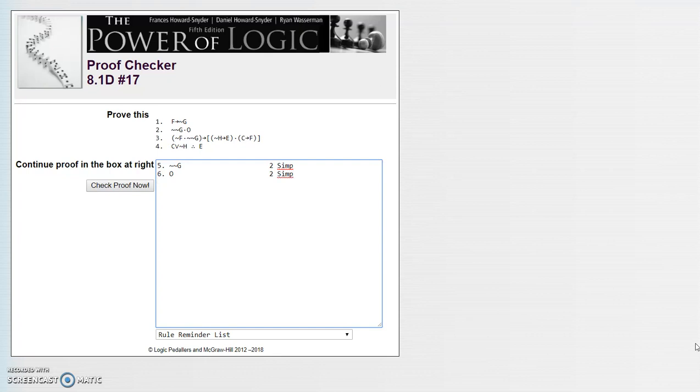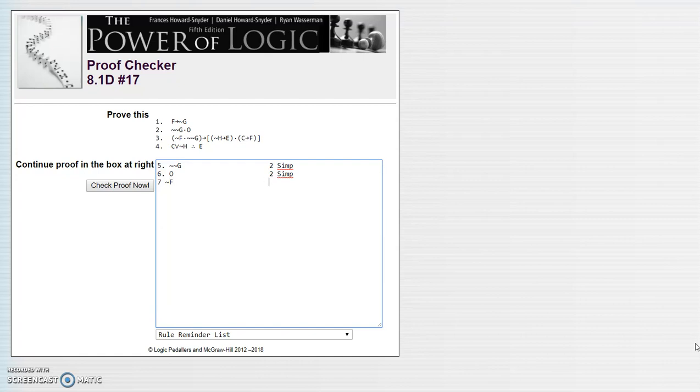Where to now? Well, if we've got not G, then we've also got if F then not G on line 1. That sounds like a setup for a modus tollens, for something that'll get us not F. So let's try that. Let's put down not F, and where do we get it?